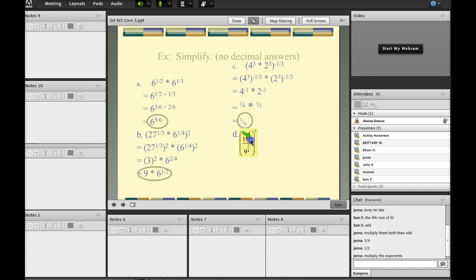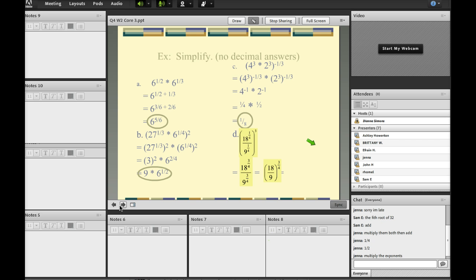Can I subtract these? Let me know. Can I subtract these 2 exponents? Why not, Brittany? That's true, but why not? That is good. Because they're not the same base. Yeah, excellent, because they're not the same base. Good. So let's multiply them. I think that's what I did. Yes, I did.